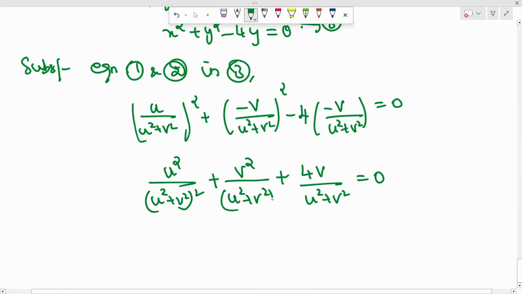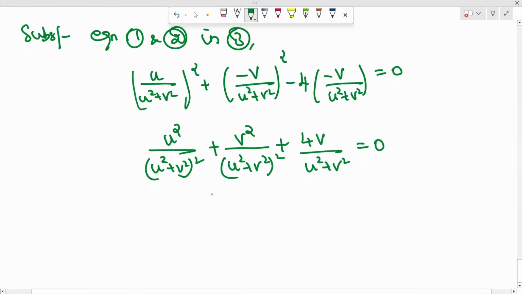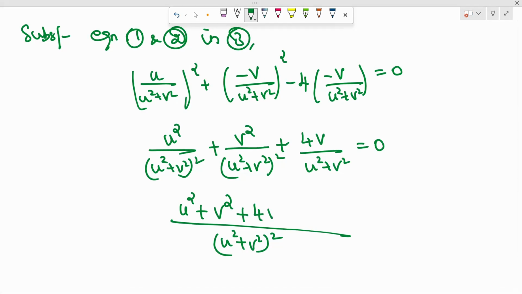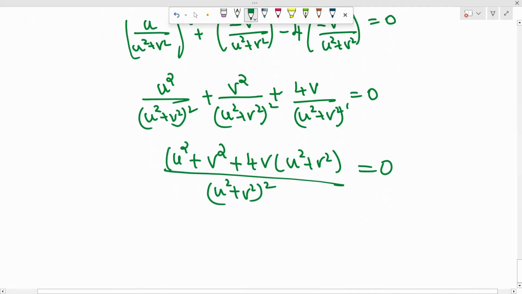Okay, here whole square. Now taking LCM with the (u square plus v square) whole square, we can write u square plus v square plus 4v into (u square plus v square) equal to 0, because in the denominator here power value is 1. From the denominator value goes to right hand side, it will be 0.